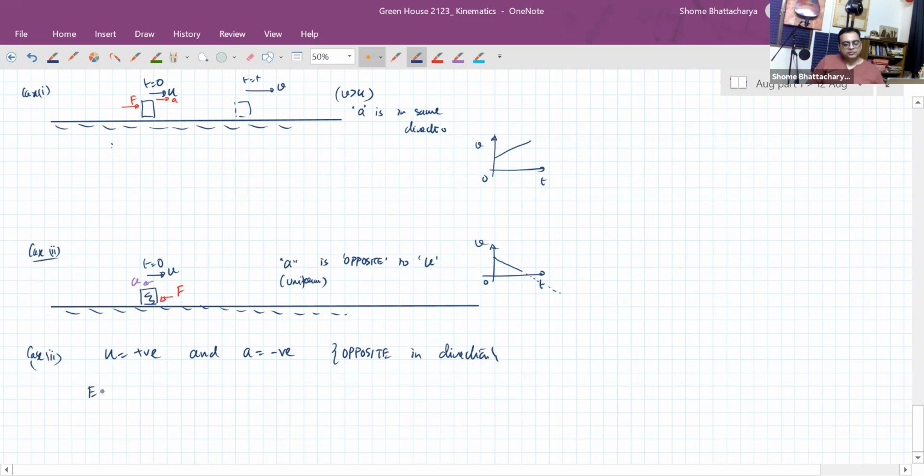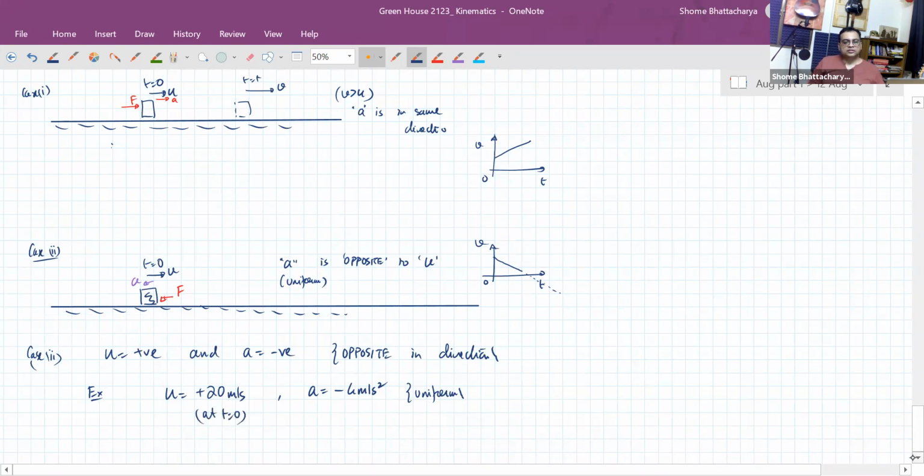So let's take an example where our initial velocity is again 20 meters per second, but this time our acceleration is -4 meters per second square. So some constant force is acting in the opposite direction, creating an acceleration of magnitude 4 meters per second square, but the direction is opposite to the initial velocity.